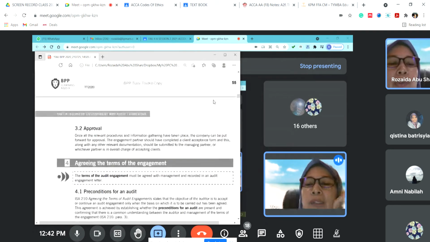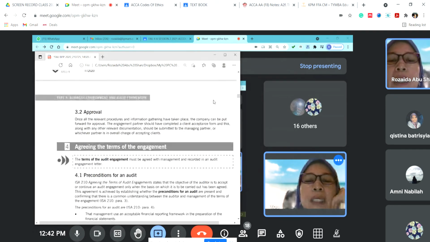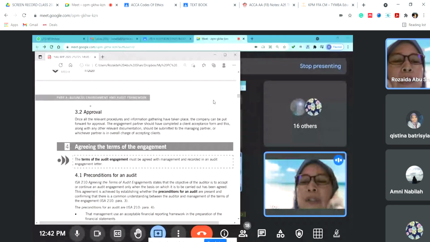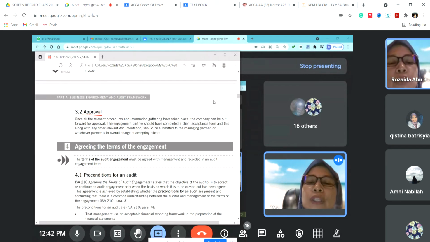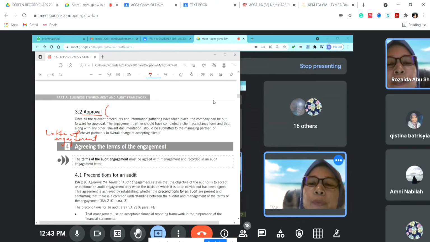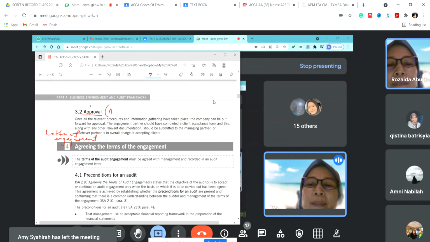And you can get approval. When you approve to become the auditor of the company, you have to issue a letter of engagement. Approval means you already accept the appointment.